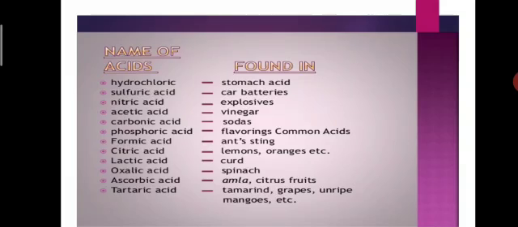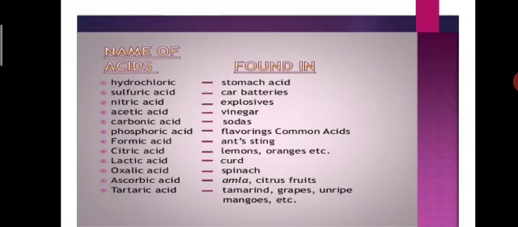In that part we discussed the characteristics. In the characteristics of acid, we know that its pH is less than 7, its taste is sour, and it turns blue litmus paper into red. When it combines with metal, it forms salt and hydrogen gas, and it can be corrosive in the form of acid rain. So these are the characteristics of acids.